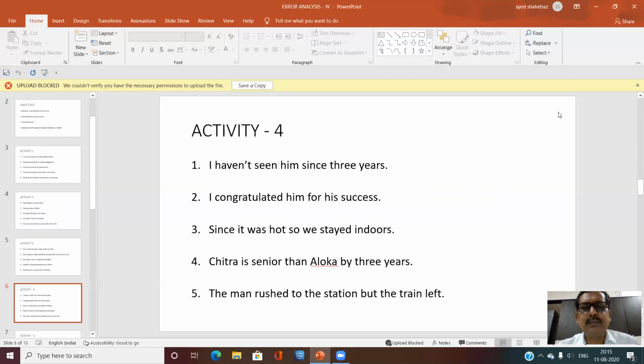I haven't seen him for 3 years. I congratulated him on his success. Since it was hot outside, we stayed indoors. So here, since and so are giving the same meaning, so there is no need to use so. Since it was hot outside, we stayed indoors. Chitra is senior to Aloka by 3 years. The man rushed to the station, but the train had left.